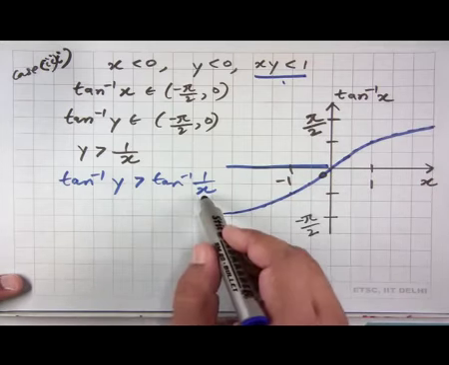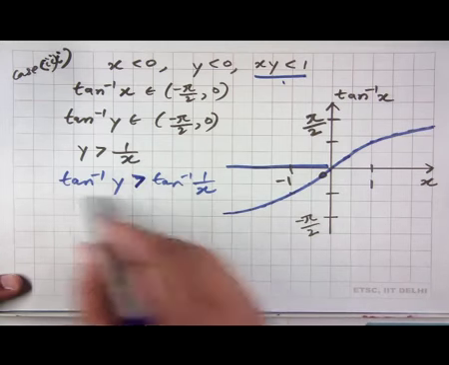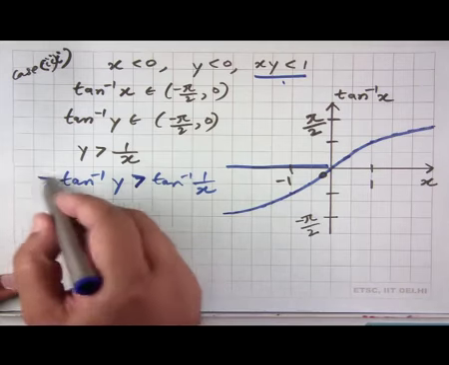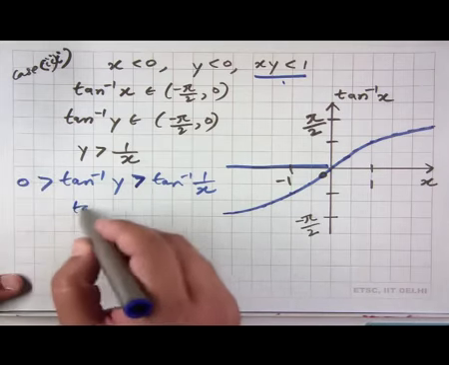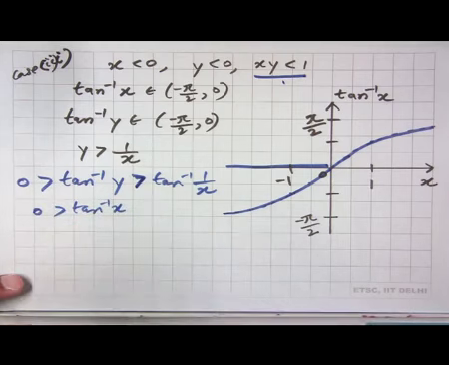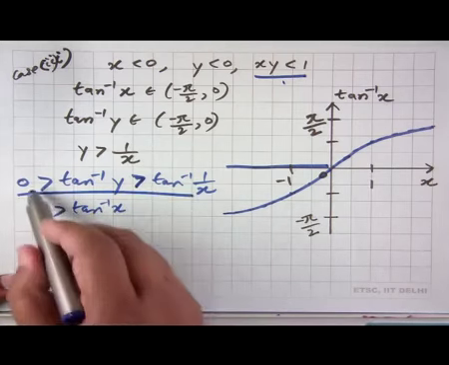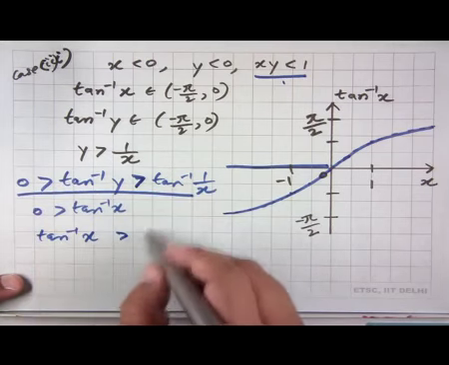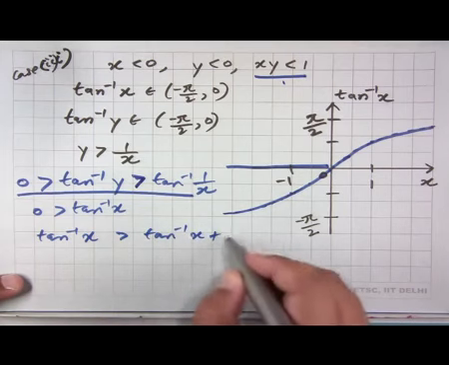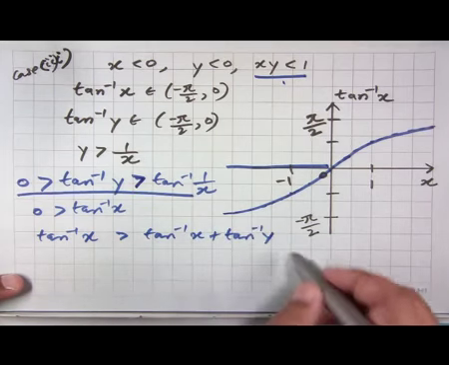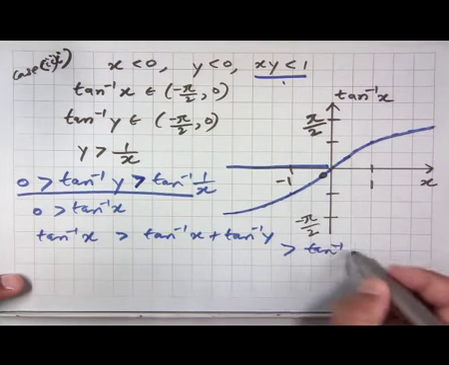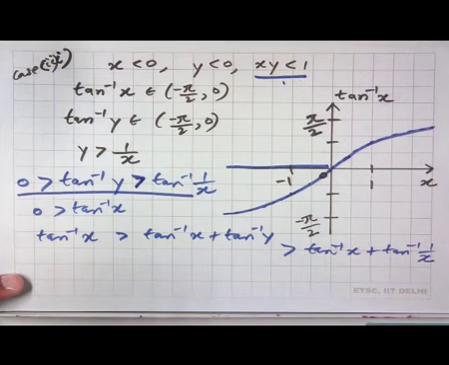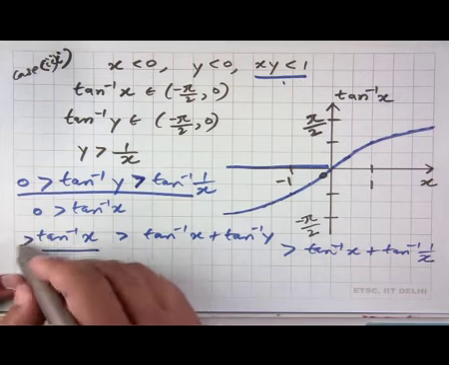And from this, if we add tan inverse x to both the sides, where tan inverse x is also less than 0, what we get is tan inverse x is greater than tan inverse x plus tan inverse y, which is greater than tan inverse x plus tan inverse 1 over x. And this tan inverse x is obviously negative.